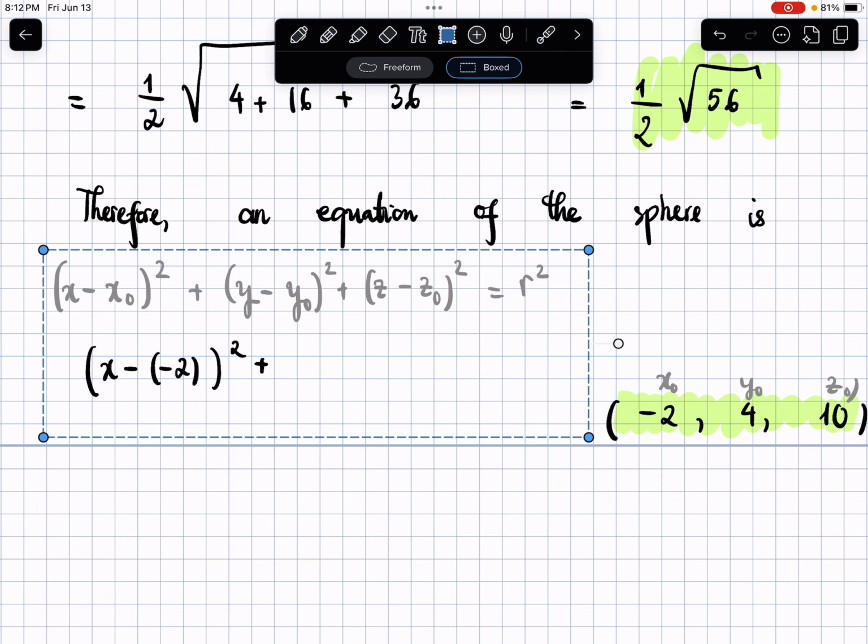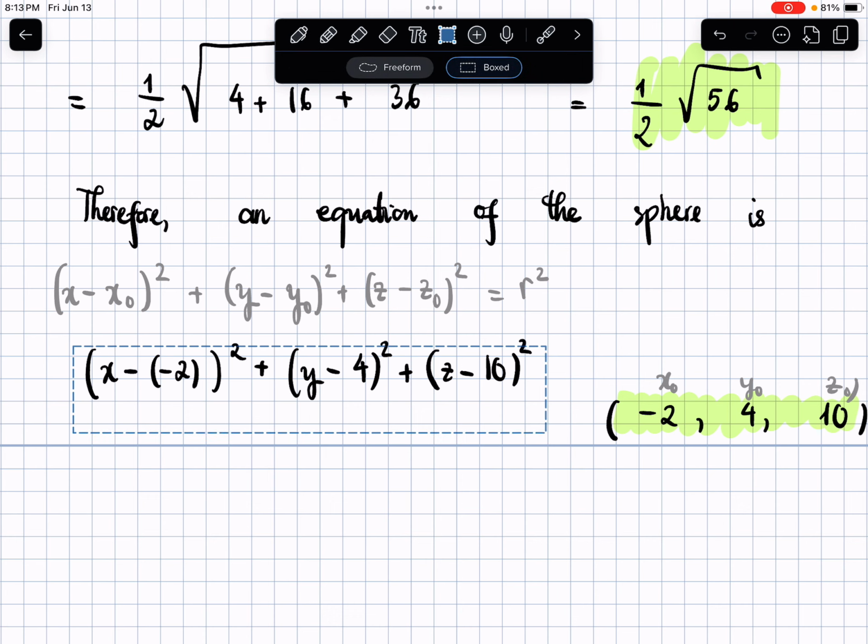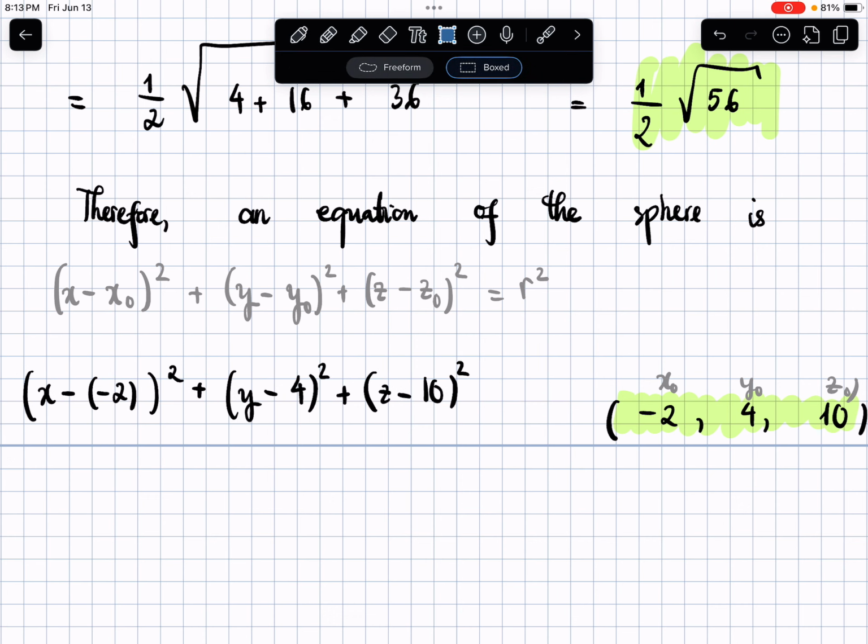In our case, we have y minus y0, which is 4 squared, z minus 10 squared equal to r squared, equal to 1/2 square root of 56 squared, right?